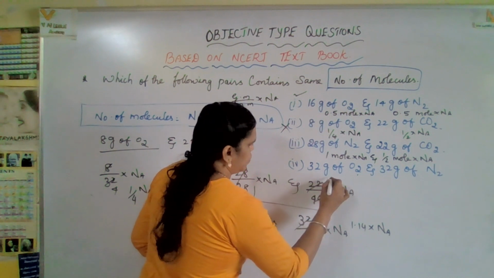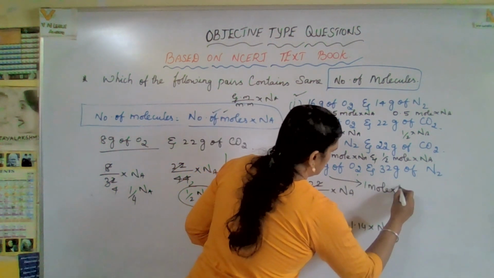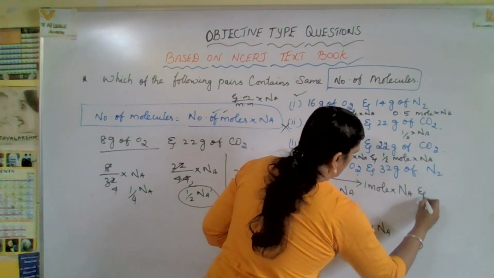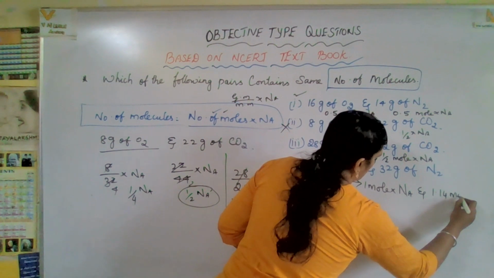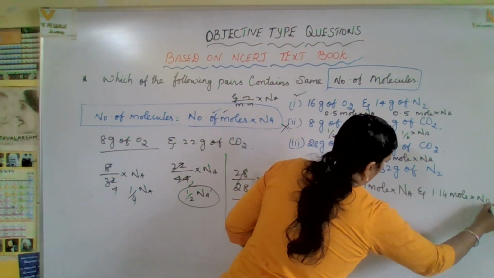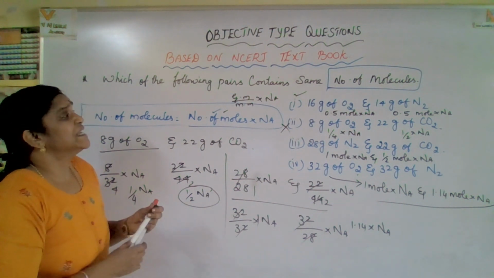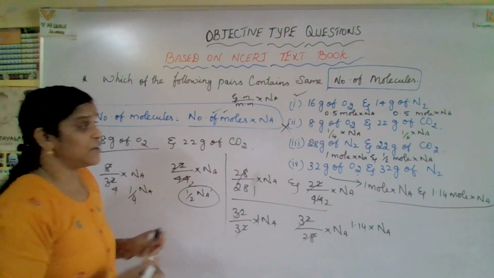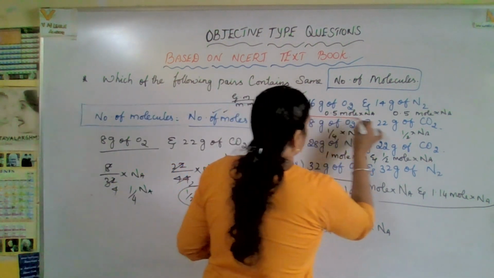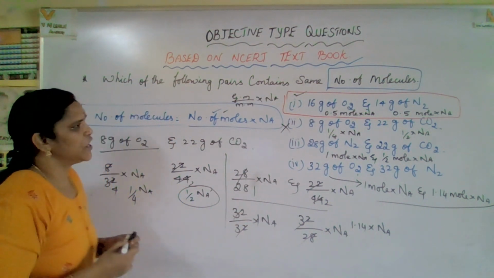So here the answer is 1 mole into Na and 1.14 mole into Na. Now, in that, which has the same number of molecules? Your eyes will fall on the first one because it contains the same number of molecules.